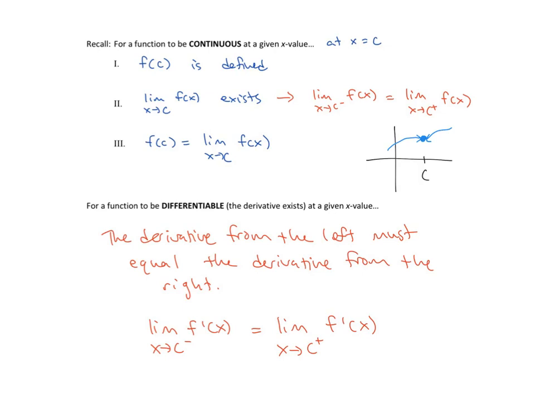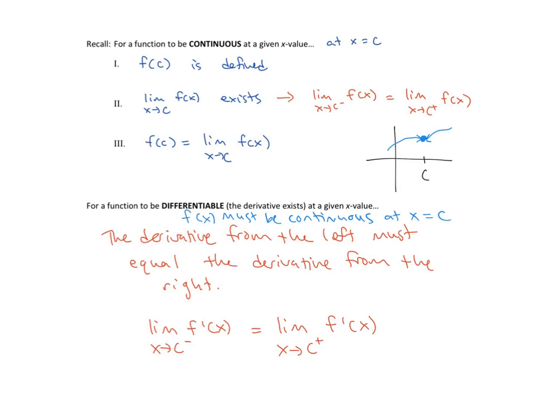Today we're going to be discussing what it means for a function to be differentiable at a given x value c. Now the first thing that's required is it has to be continuous. So I should add that on here. f of x must be continuous at x equals c.